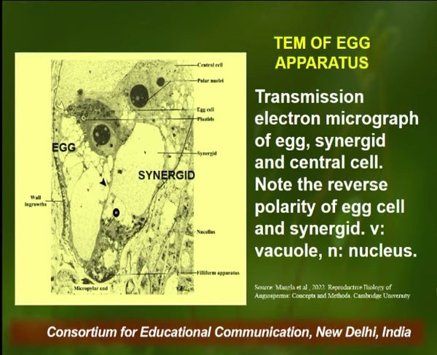Now, here you can see a transmission electron micrograph of the egg apparatus. You can see the egg cell flanked on both sides by synergids. One synergid is very much visible and down below you can also see the central cell. The reverse polarity we were just talking about is very much seen in this picture.